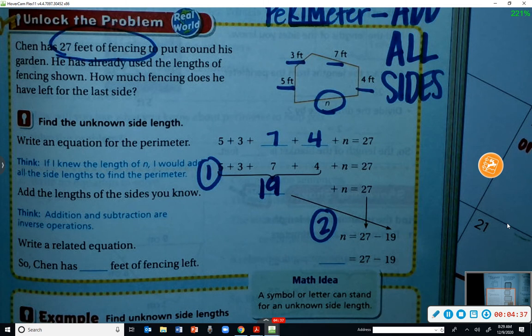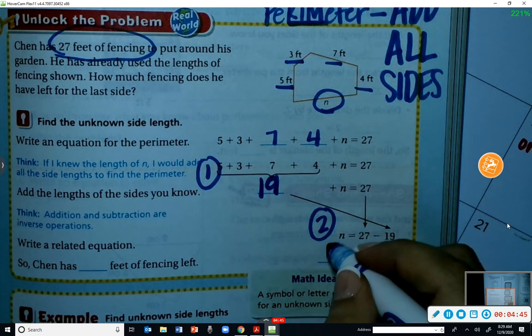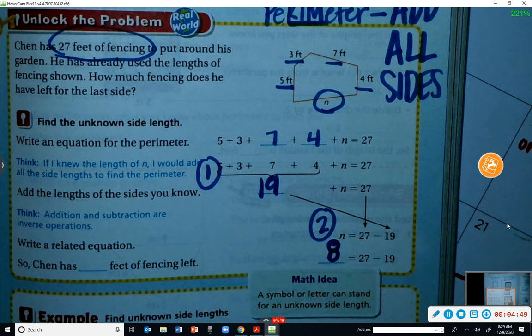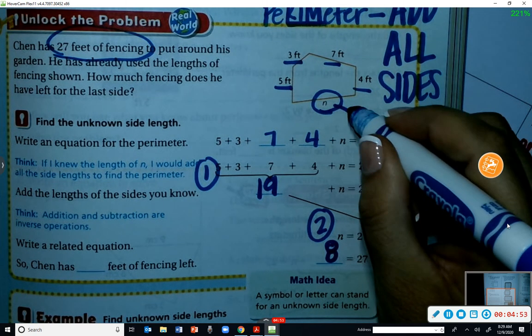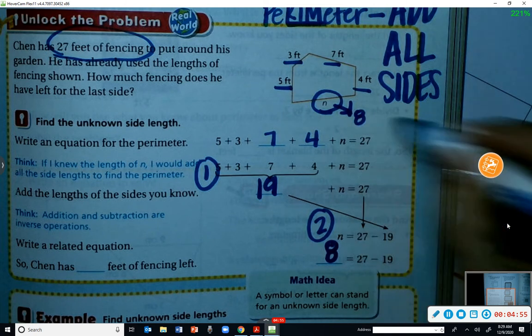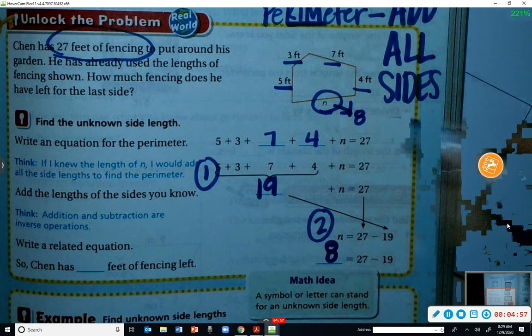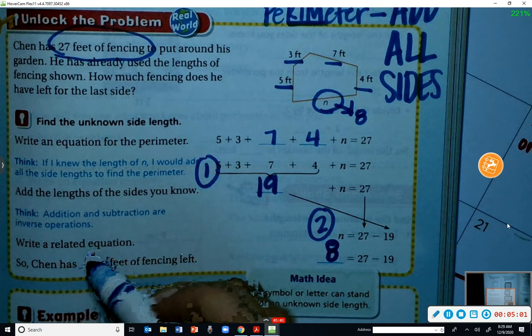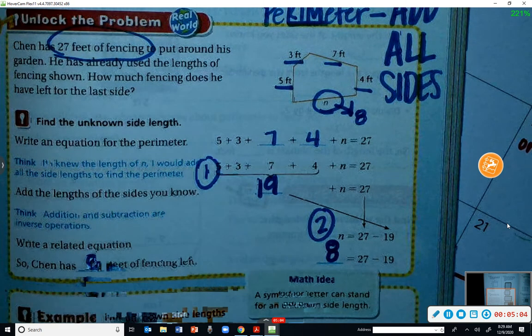Nope. 27 minus 19 is not 0. 27 minus 27 is 0. Aaliyah? 8. Okay, so the missing side would equal 8. Right, so here that's the N number. The N would be 8. So Chin has 8 feet of fencing left.